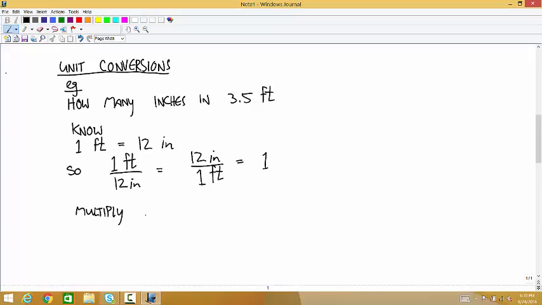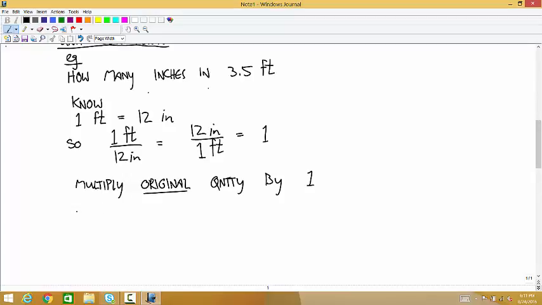So we'll multiply the original quantity by 1. In this case, we'll start with 3.5 feet. And we'll multiply it by 12 inches over 1 foot.